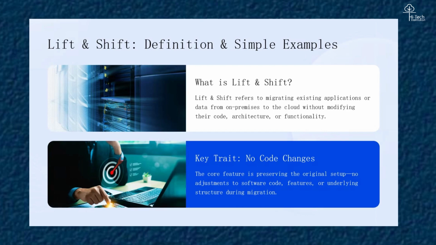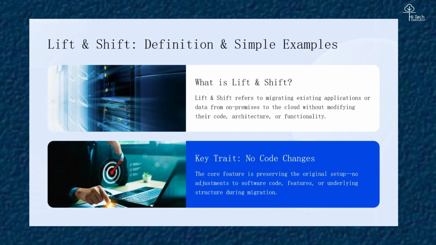Lift and shift refers to migrating an existing application or data from on-premises to the cloud without modifying its code, architecture and functionality. The application is present on-premises, so we take the exact application and exact data from there and place it into the cloud. It can be any cloud, like AWS, Alibaba, Azure or GCP.